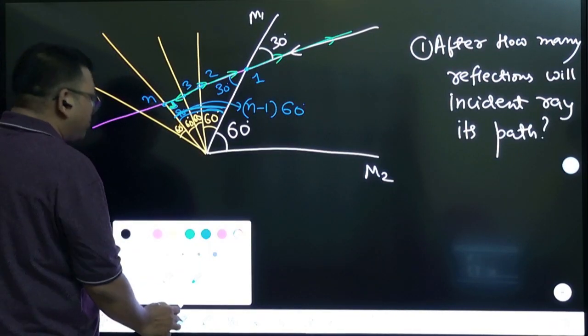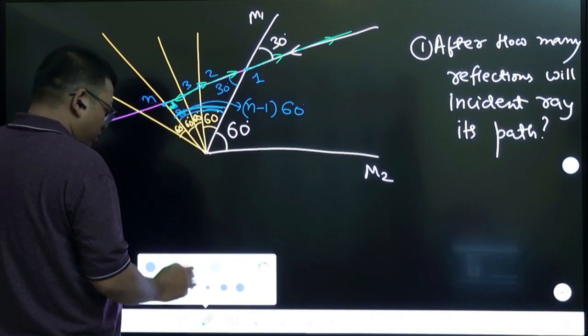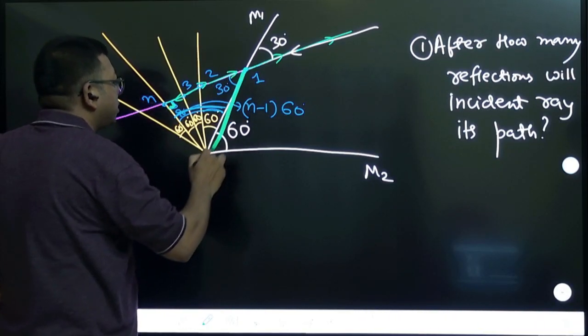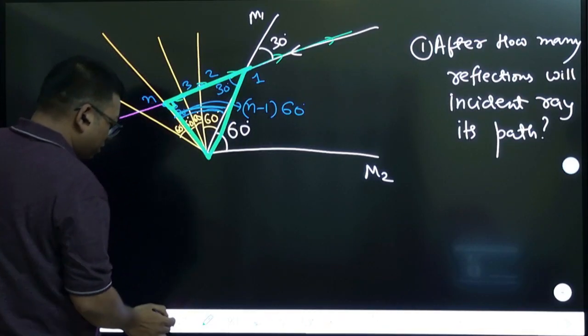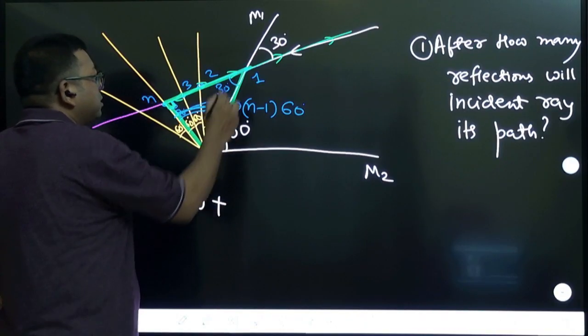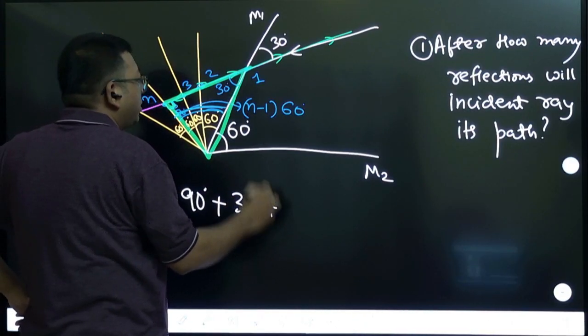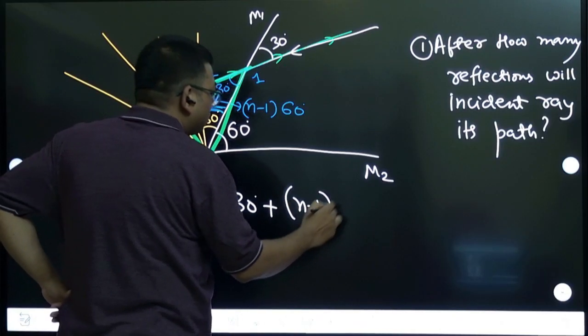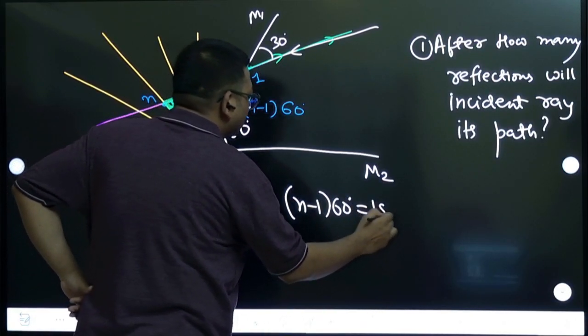So the sum of the angles of this triangle is 180 degree. All of us know that. So this angle which is 90 degree plus this angle which is 30 degree plus this angle which is n minus 1 into 60 degree, that is going to be 180 degree.